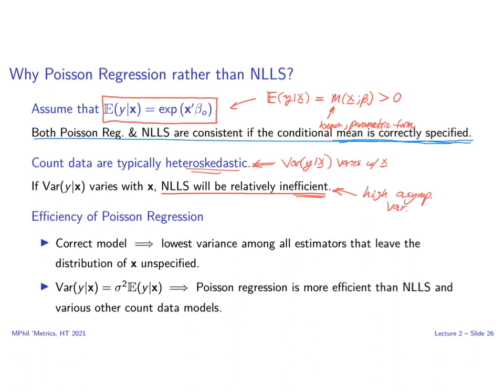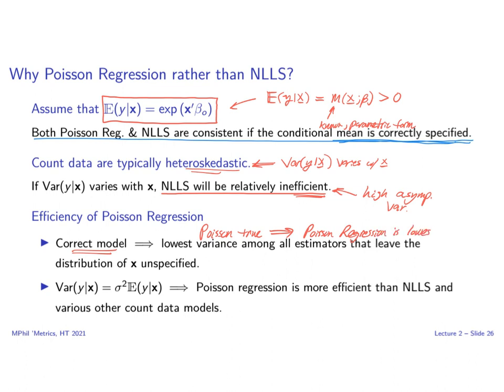So the first, if the Poisson model is correct, then of course it turns out that Poisson regression is the best thing you can do. It has the lowest variance among all estimators that leave the distribution of x unspecified. In other words, the lowest variance among all estimators that are conditional likelihood estimators.